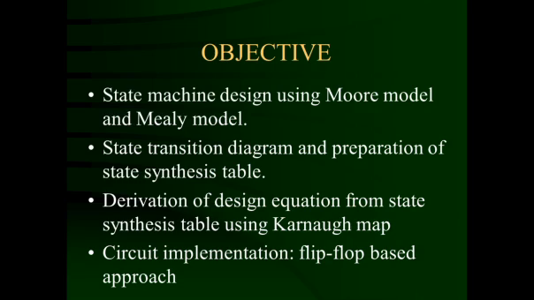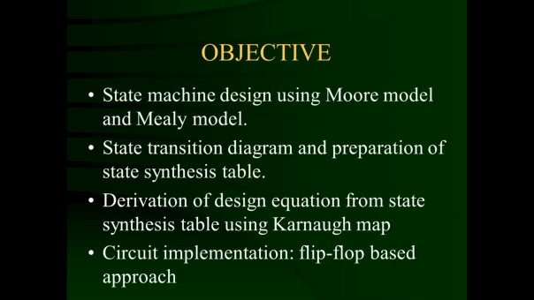State transition diagram and preparation of state synthesis table. To go through this, you have to understand the state transition diagram. You have already learned in the SY that in a flip-flop, outputs depend upon the inputs. That way, we have prepared a state transition diagram for different types of flip-flops: JK flip-flop, D flip-flop, T flip-flop, and RS flip-flop using an excitation table.